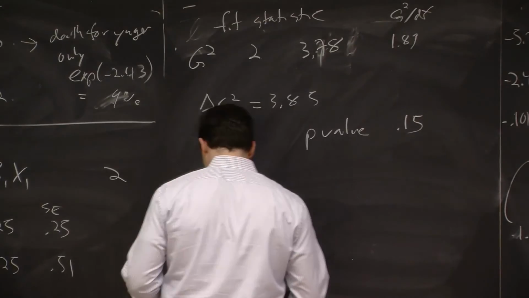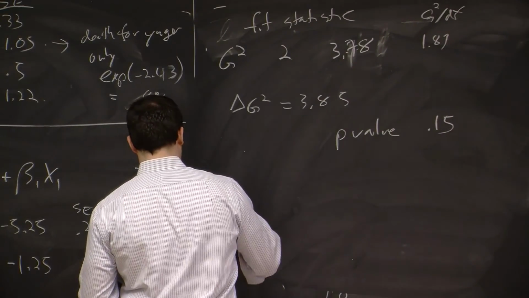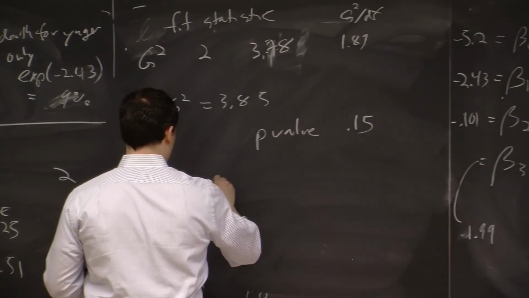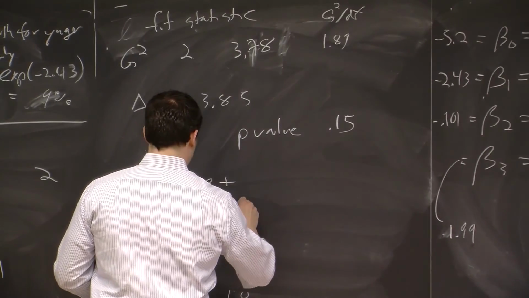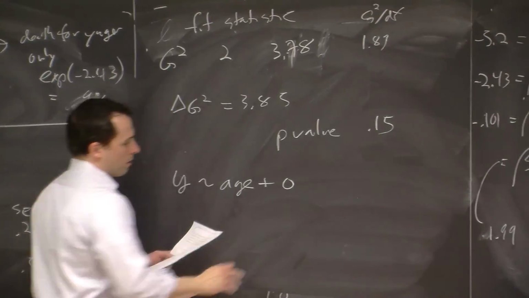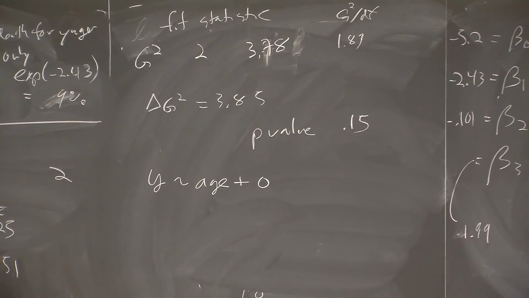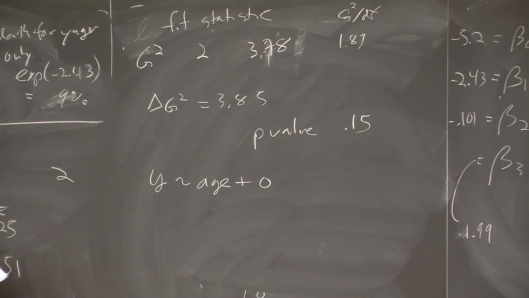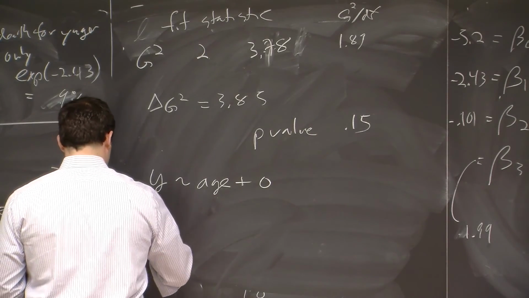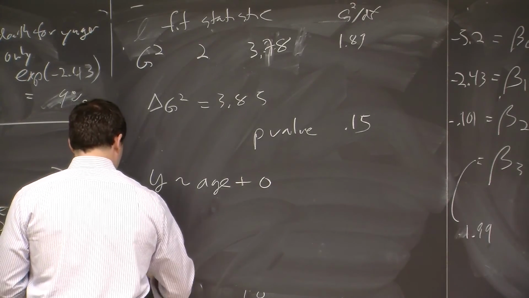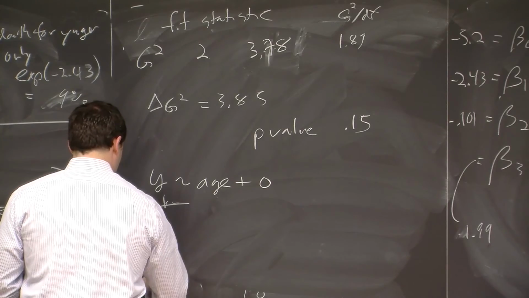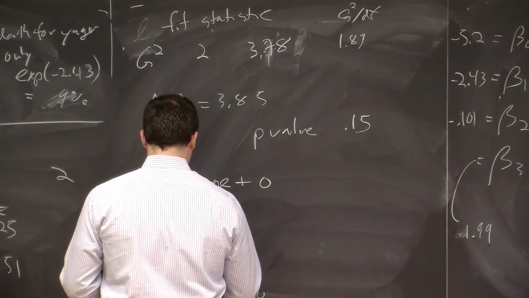So if we do that, we say something like, this thing is age and offset, which is the log of the exposure. Then we'll get out an intercept, an age parameter, and an offset.